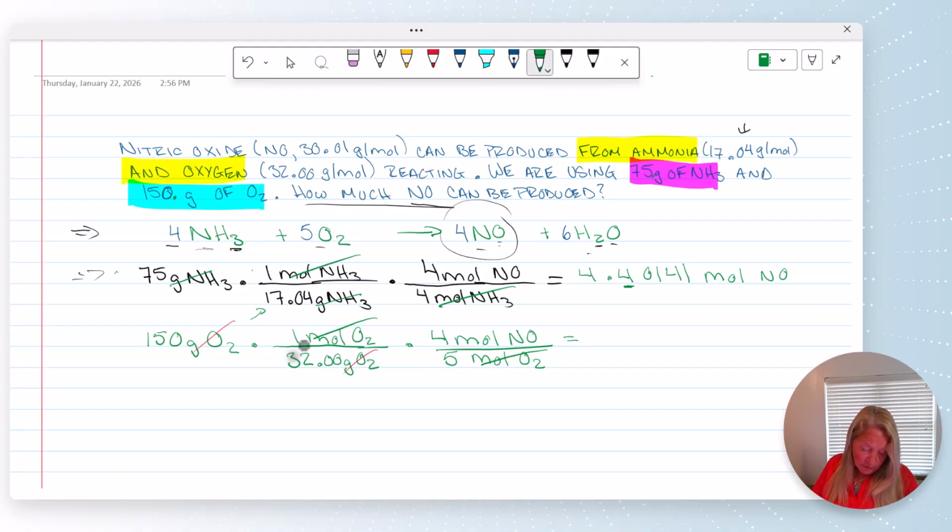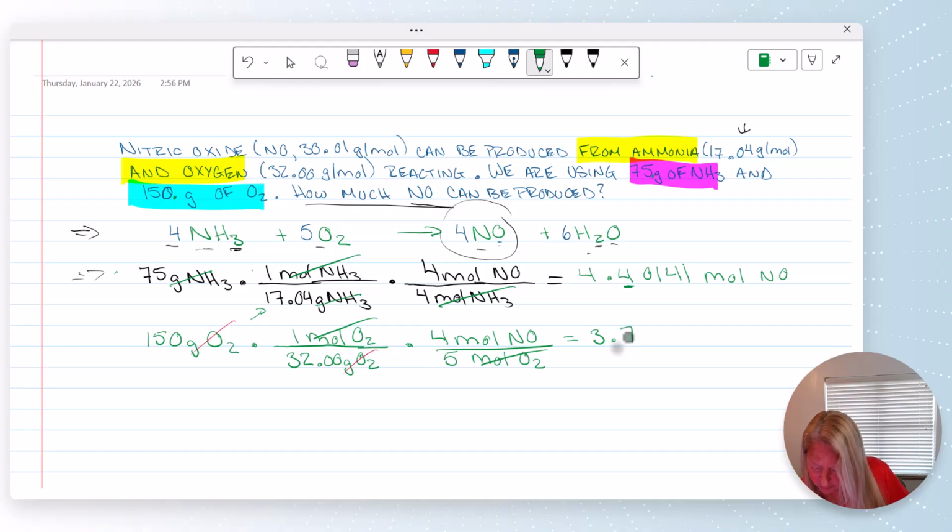So it's going to be 150 times 4. When I hit enter, and then divide that by parentheses 32 times 5. Remember, multiplication division, everything across the top multiply, divide by everything on the bottom multiply. Let's see, 3.75.